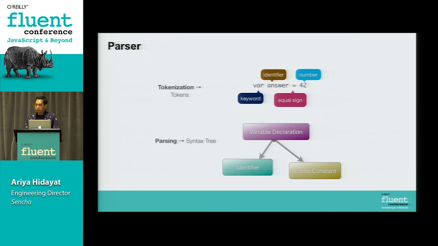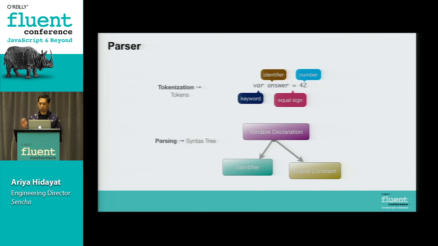So the parser itself does things in two steps. The first is tokenization. This is just to break your source into tokens. So in this case, in my simple one line of code, the engine knows which one is a keyword, which one is an identifier, and so on. From this, it constructs the syntax tree. This is another data structure that allows the JavaScript engine to understand the semantics of your program.